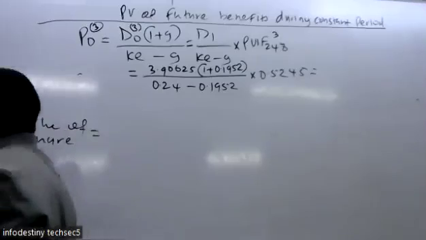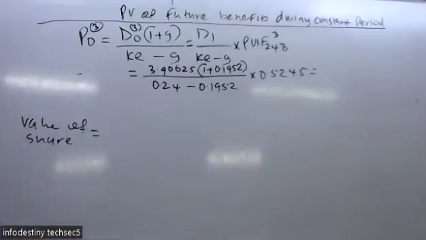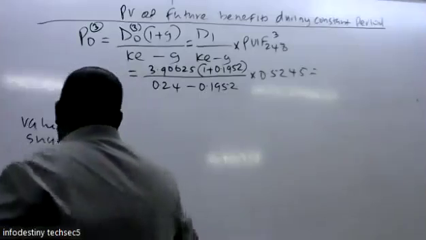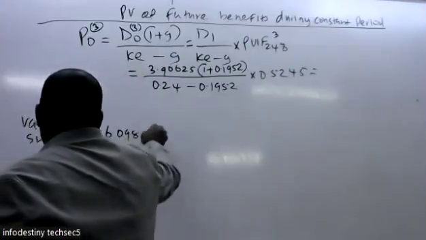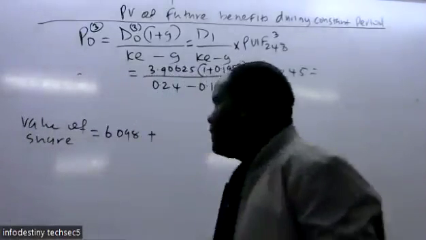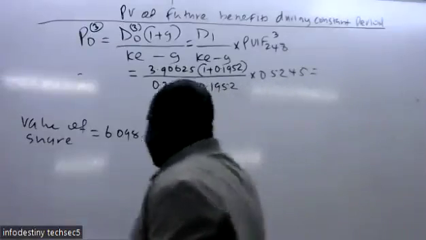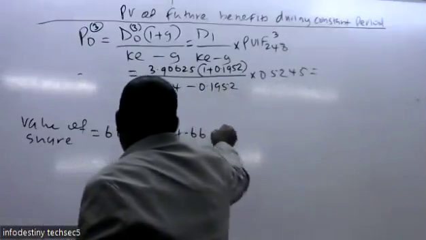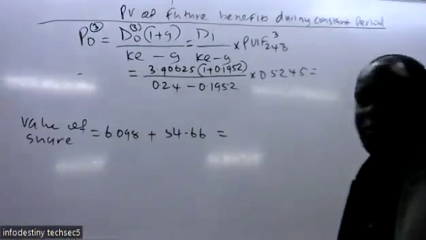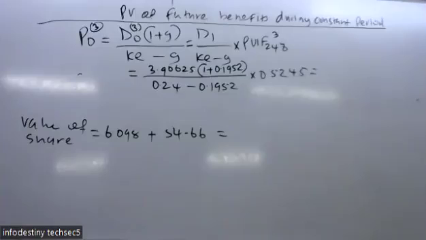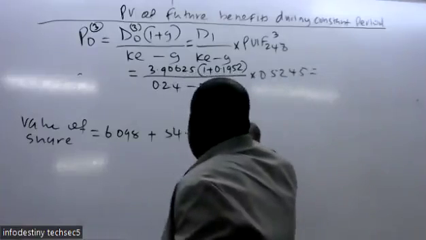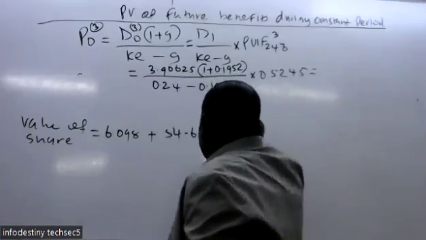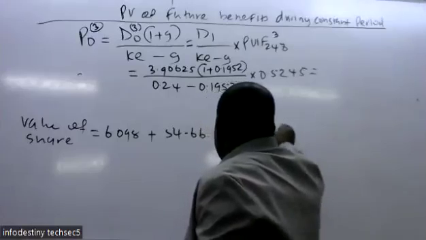So what was there during the non-constant period? You calculated it; you can round it off. It is 6 point 8 like that. And for the constant period, how much do you get? 54.66. So when you add them together, what should be the value of that share? 60.76 like that.